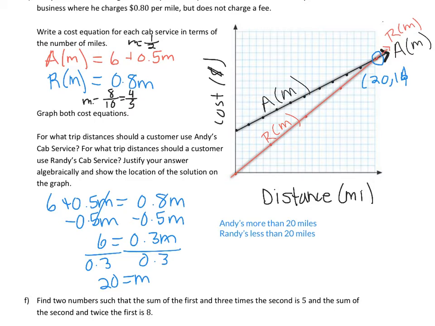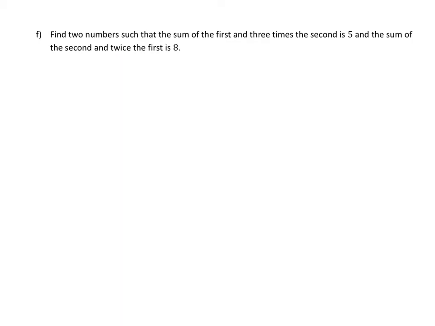Let's move on to F. Find two numbers such that the sum of the first and 3 times the second is 5, and the sum of the second and twice the first is 8. So I'm going to say, let x equal my first number, and let y equal the second number.